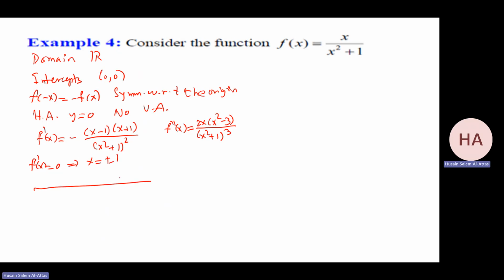So I plug these numbers. I have minus 1 and 1. Before that, take minus 2. That will be negative, negative, negative. That will be negative, positive, negative. Here I have f double prime equals 0. So I have x equals 0, plus or minus square root of 3. So I plug these numbers.